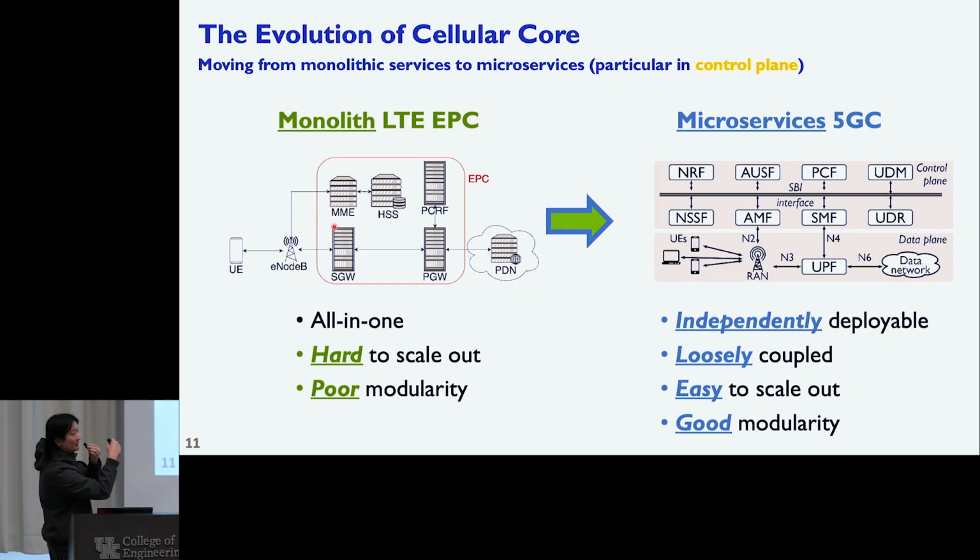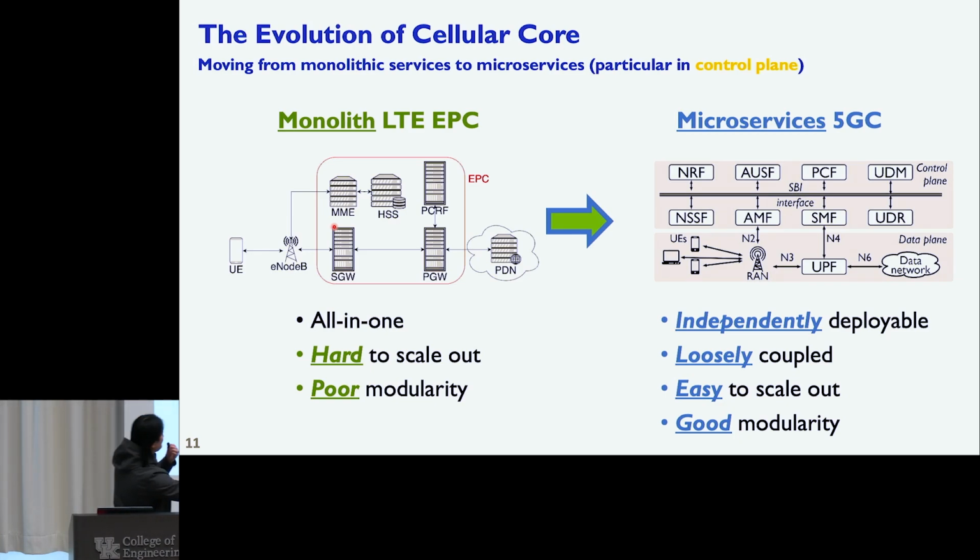For example, the mobility management function in the 4G LTE core is decoupled into the AMF, the access and mobility management function, the AUSF, the authentication server function, and the SMF, the session management function. It is decoupled into three functions, essentially.